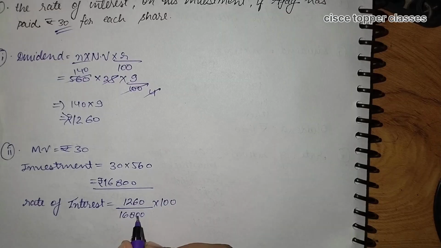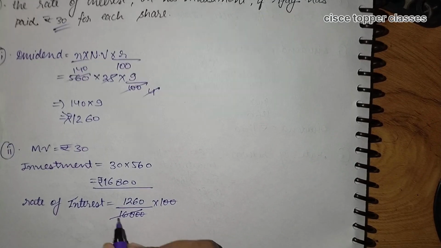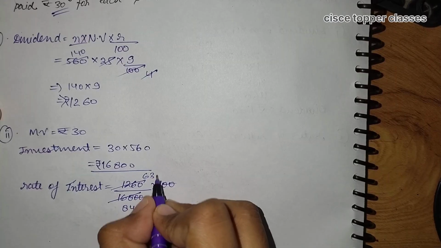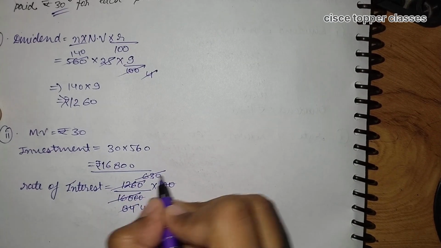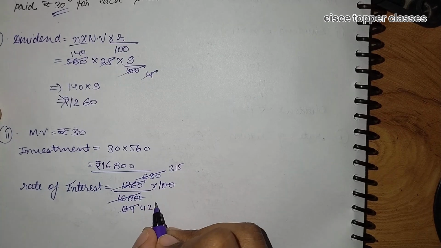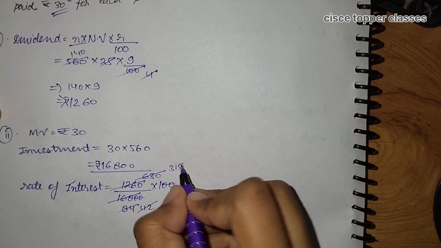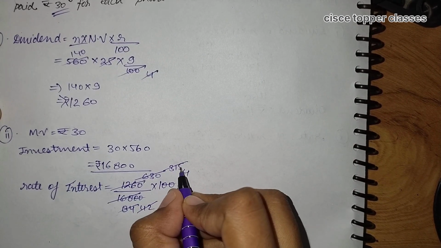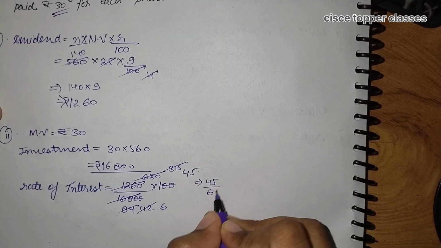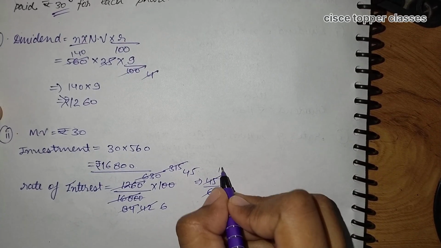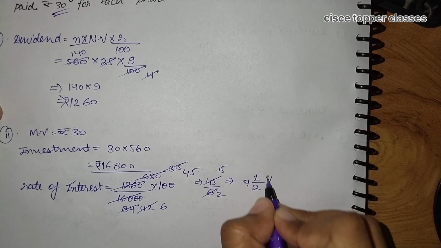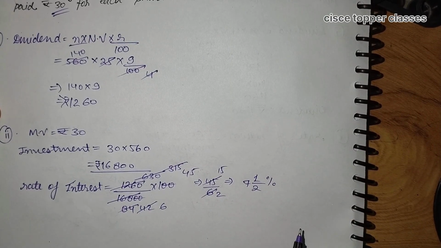On cancelling and solving, this will be 45 by 6. Again cancelling, we can write this as 7 by 2%, as the rate of interest in this part.